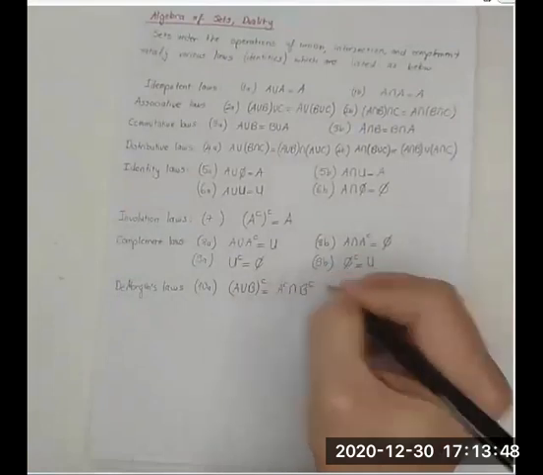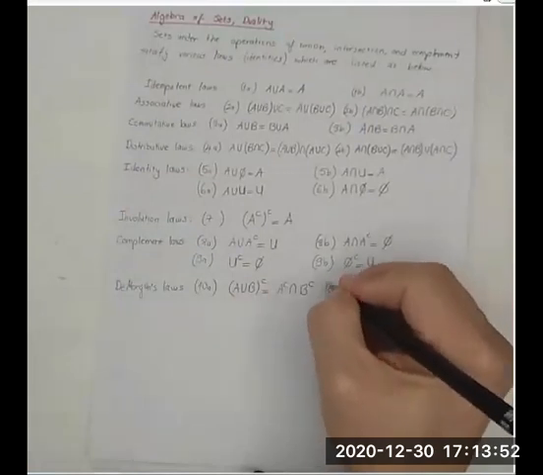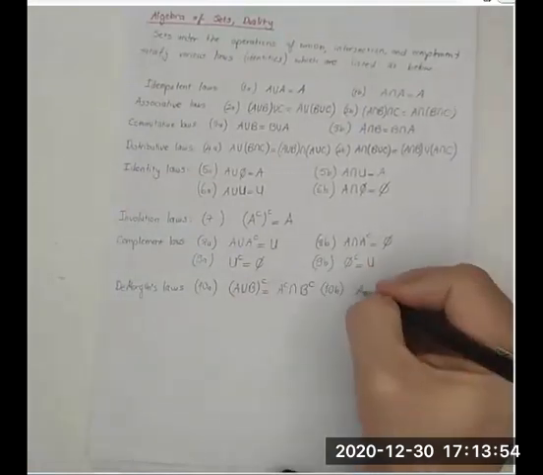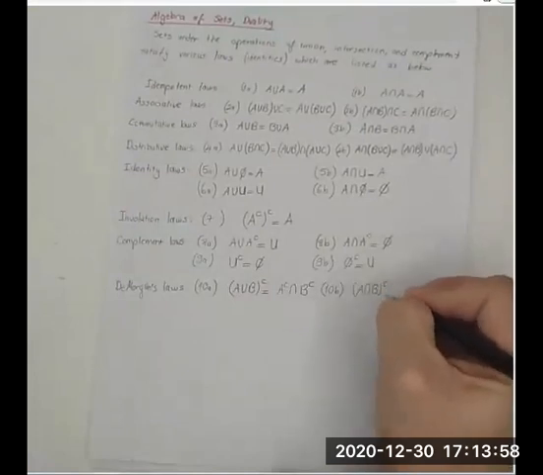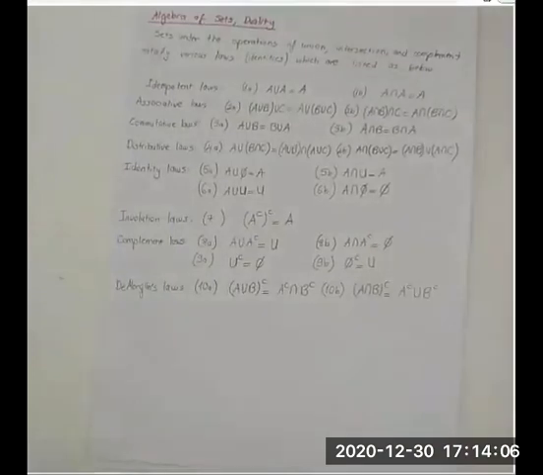Of course, the reverse is 10B: A intersection with B in parentheses as a complement is equal to A complement union B complement.